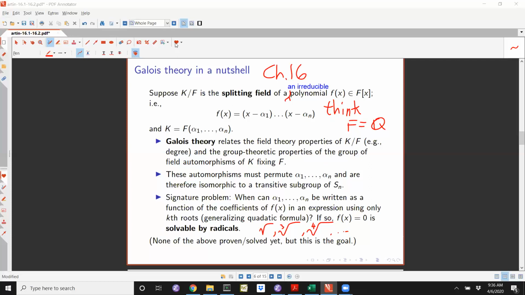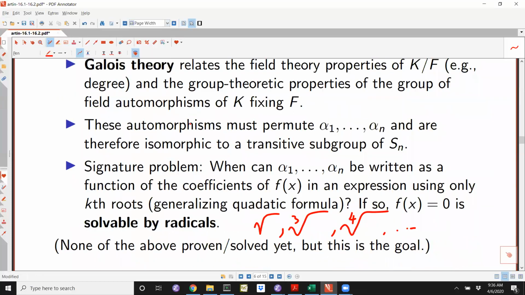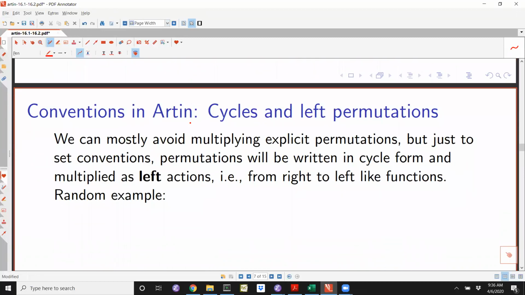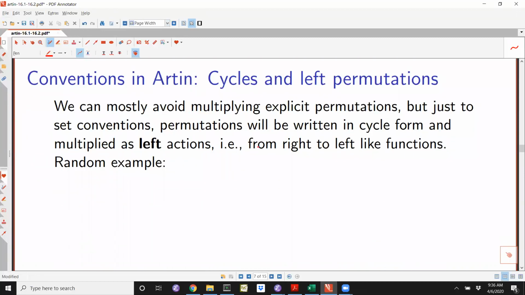right, so that's where we're going, and so let's now go back to the process of getting there, for which we have to do quite a different thing. There's one convention we should work out just in case. So the rest of today, the remaining 40 or so minutes, is going to be devoted to the preparatory stuff for Galois theory.